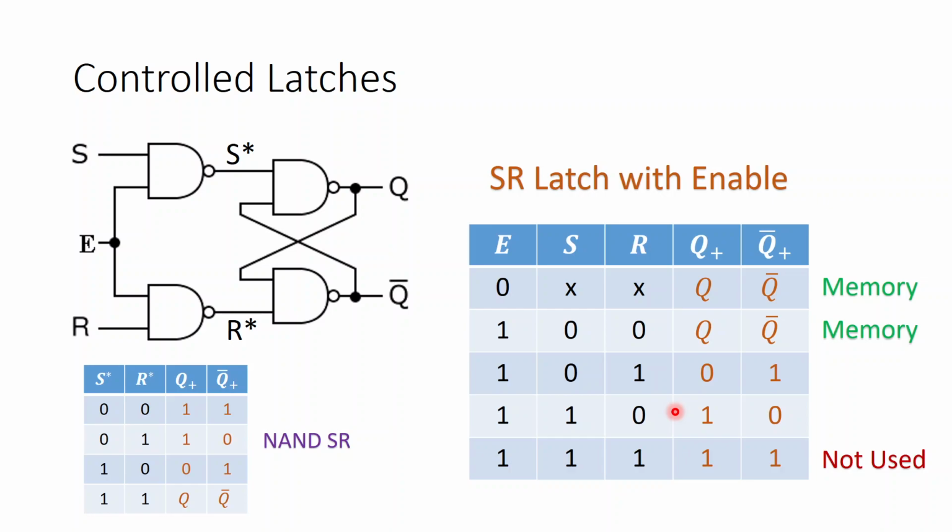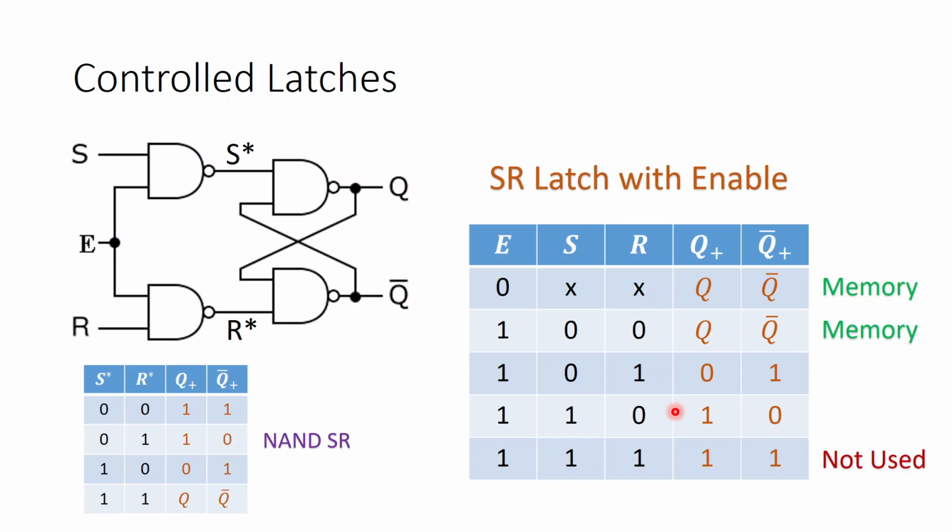We have studied the concept of enable input. Whether the circuit is operating or not is decided by the enable input. So that is the control on the circuit we are trying to get. If we don't want this particular latch to operate, we will make the enable input 0. That is the only thing.